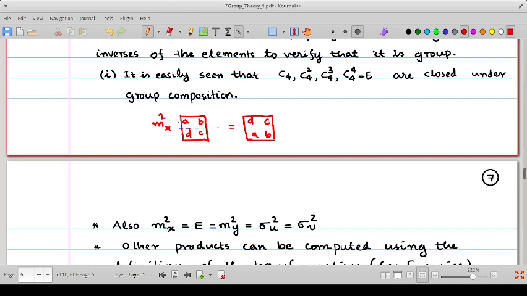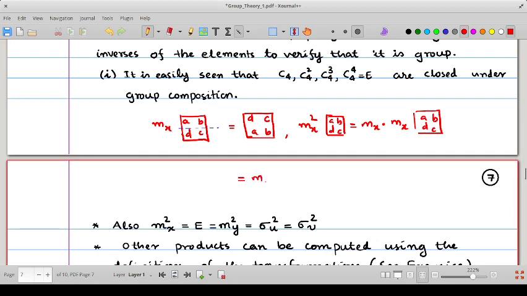Now mx square acting on ABCD is nothing but mx composed with mx acting on ABCD.